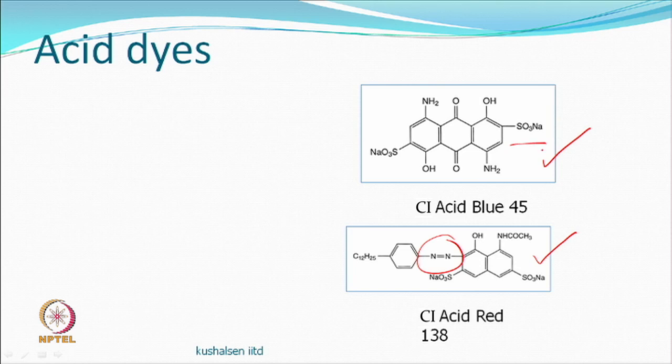Direct dyes also have a solubilizing group, and they are also anionic in nature. So, sometimes people want to know the difference between a direct dye and an acid dye. I think you will recall that whenever you go back. Try to understand the difference between the two types of dyes; both are anionic.